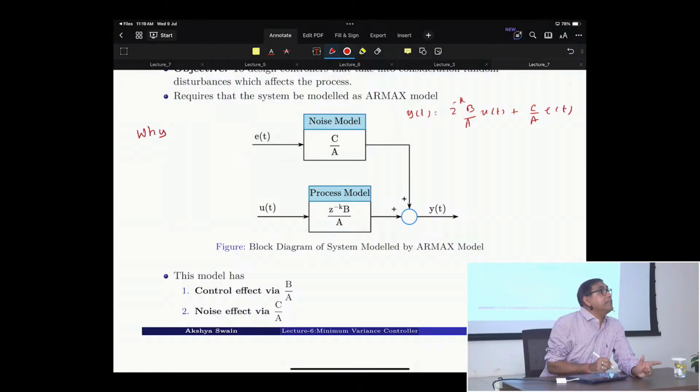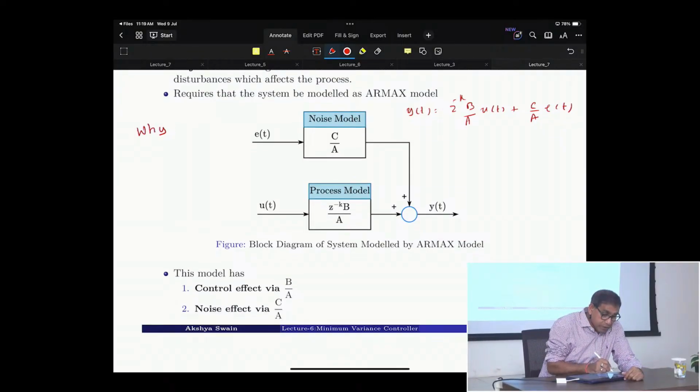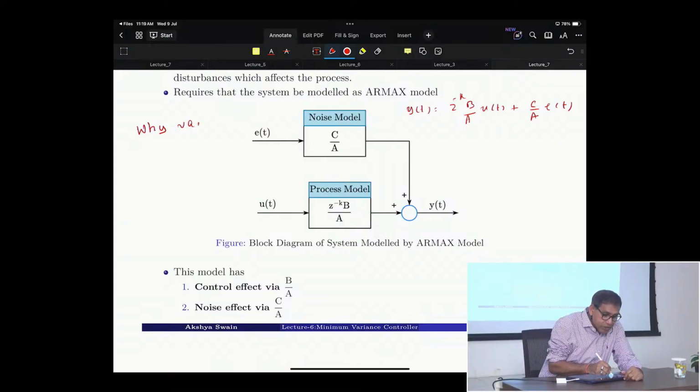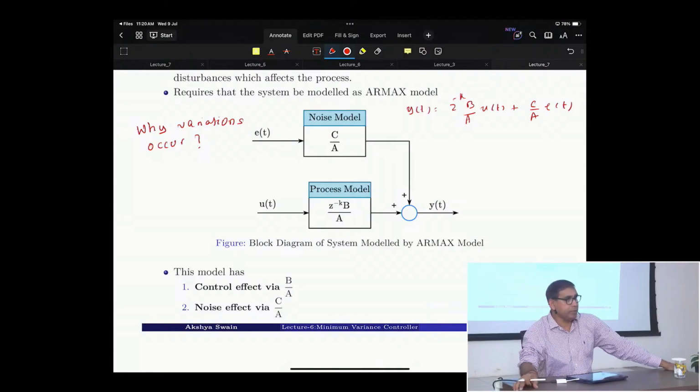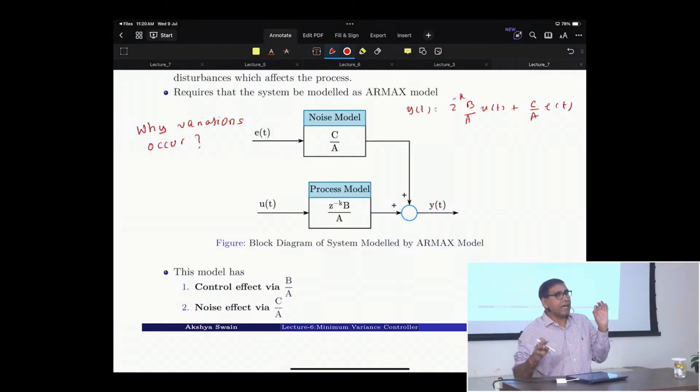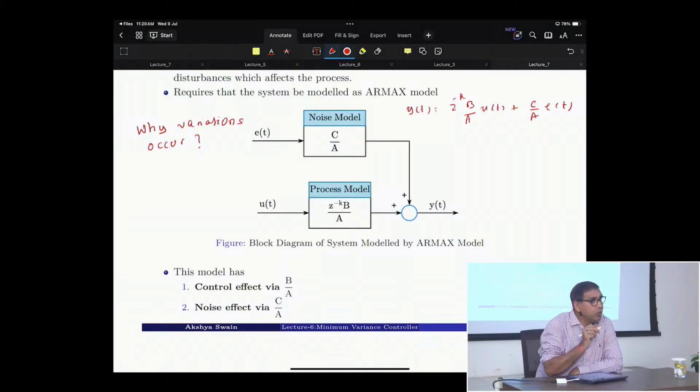The question is why do variations in the output occur? I have to minimize the variance, no doubt about that. Then Karl Åström found the variations are due to the noise present in the system.